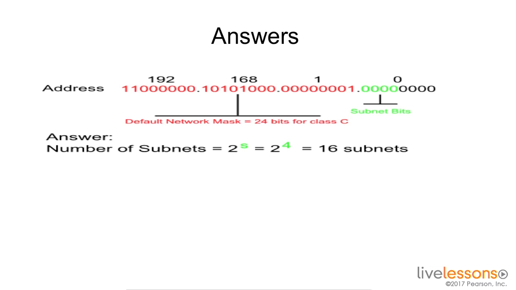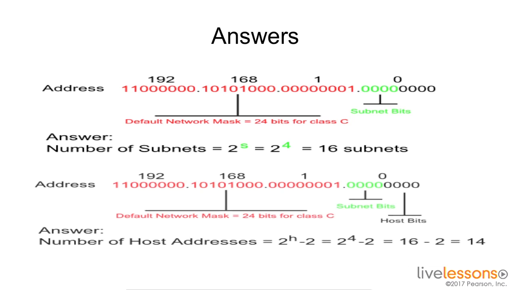Now, in order to figure out the number of host addresses we would have in that scenario, we count the leftover host bits, which is again 4, and we say 2 to the power of 4, which is 16, minus 2, which is 14. So we can have 16 subnets, each with 14 hosts on them.